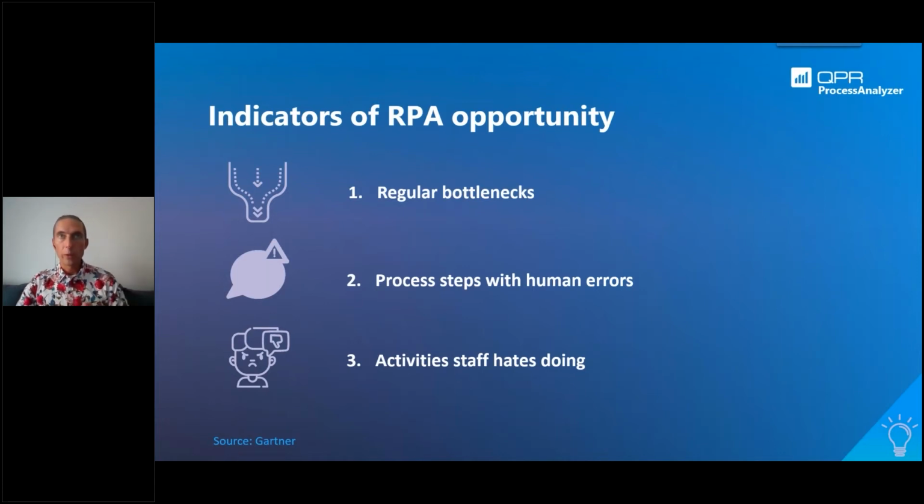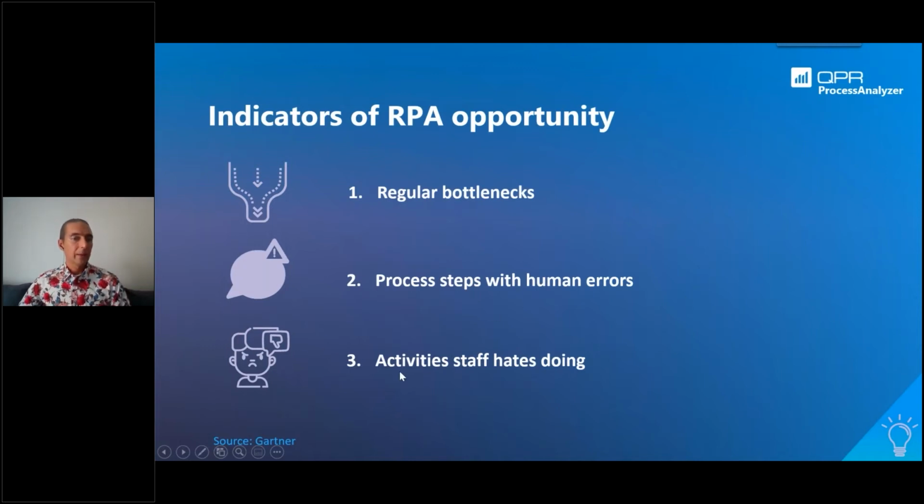So if you could replace the human in that particular step, you would also get rid of the human errors. Of course, you would then have the RPA errors, but it may be that it's just copying of sales orders from one system to another system. Humans are maybe not the best for that kind of task if it's very straightforward, but the RPA can do that probably very efficiently.